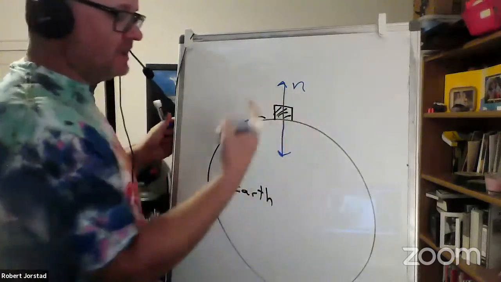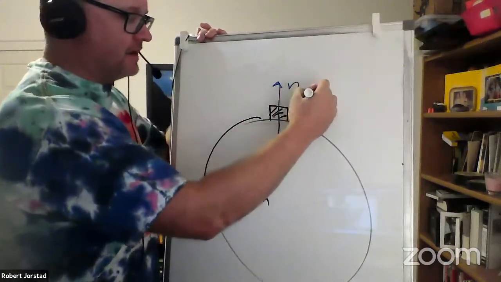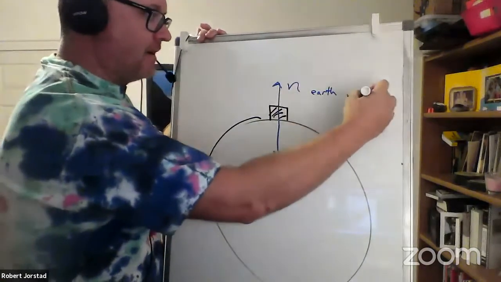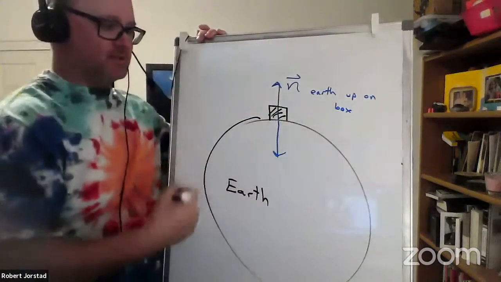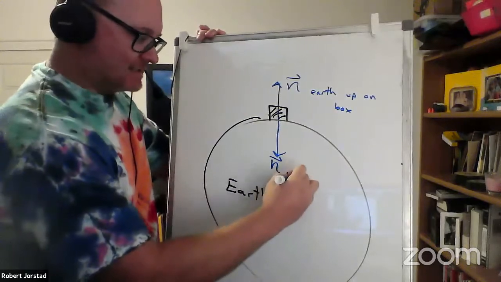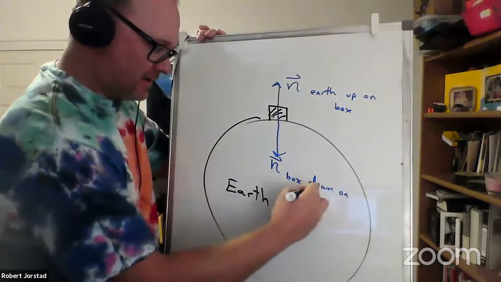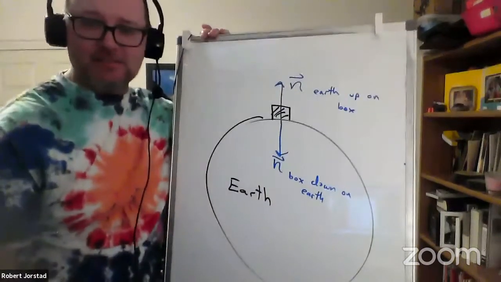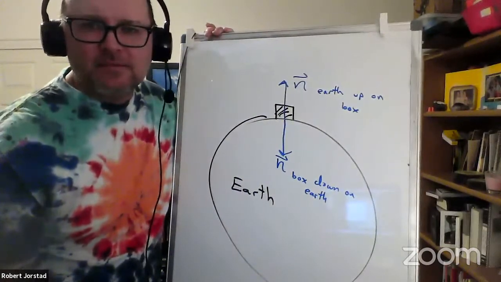Okay. Let me add some words here. This is the normal force of Earth up on box. And just so I have the vector, I'm going to put this here. Whereas this one will be the normal force of the box down on Earth. This is not a free body diagram because we have more than one body.